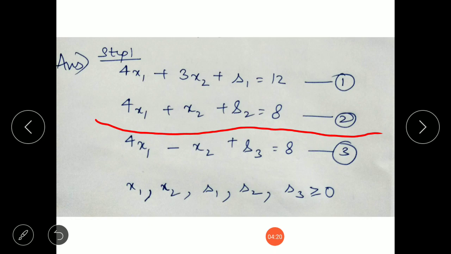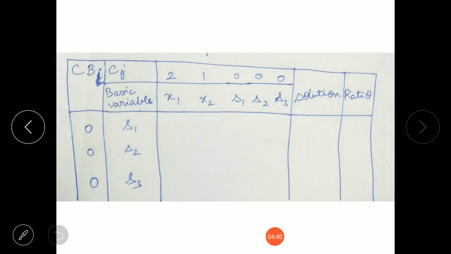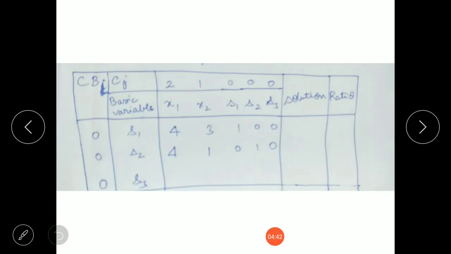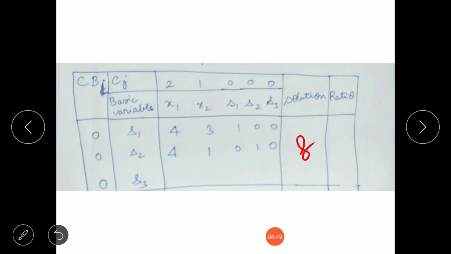The coefficients are: for x1 it is 4, for x2 it is 1, for s1 it will be 0 since there is no s1, for s2 it is 1, and there is no s3 term, so for s3 it is 0, and the solution term is 8. So we'll write all the coefficients for S2, that is 4, 1, 0, 1, 0, and the solution will be 8.